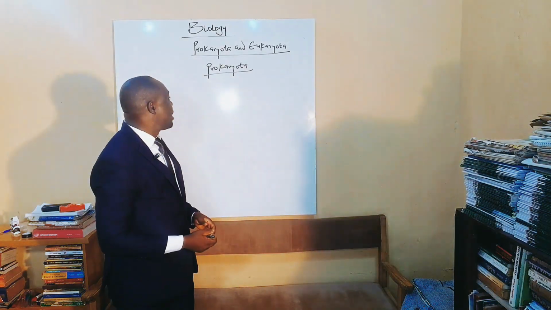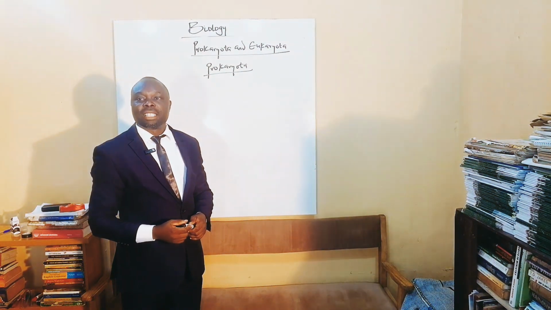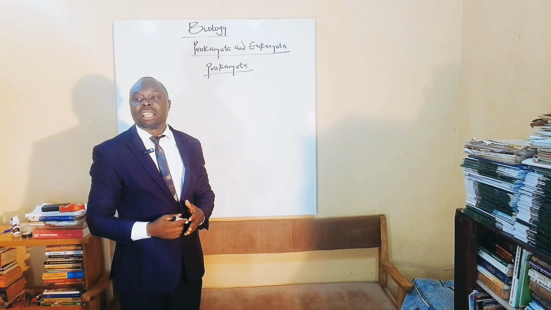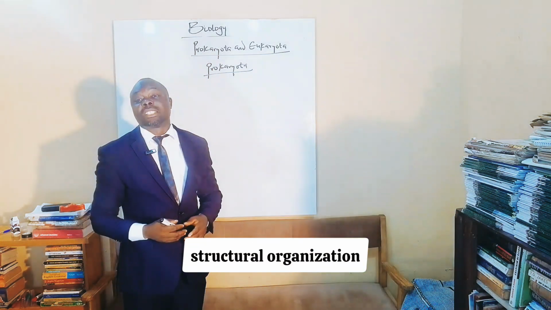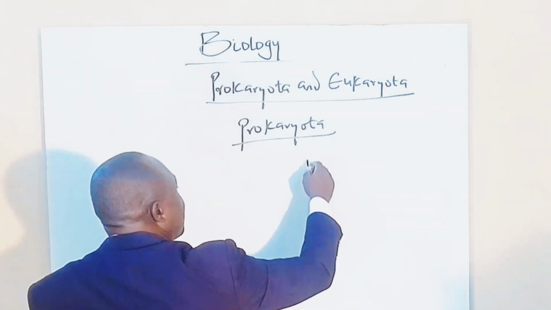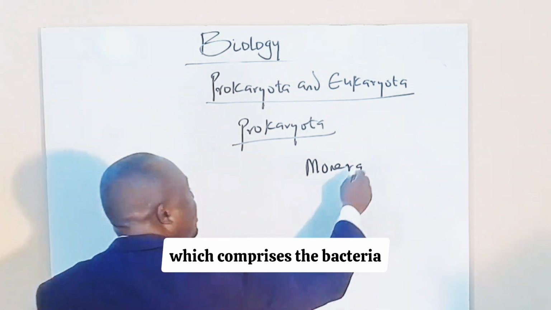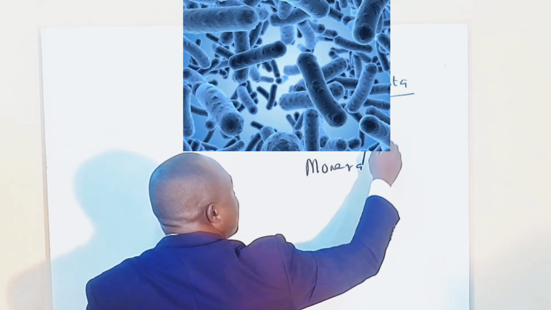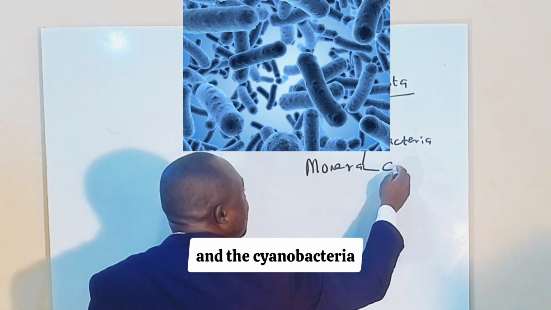The prokaryote are those living organisms that are unicellular in their structural organization. They include the Monera, which comprises the bacteria and the cyanobacteria.